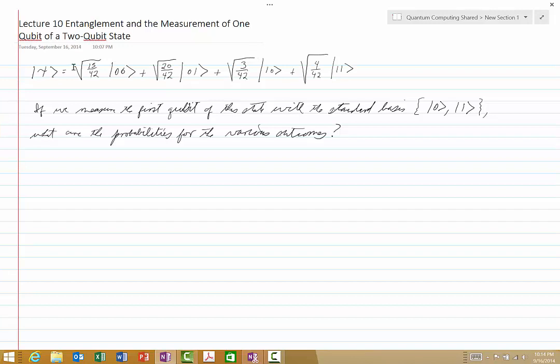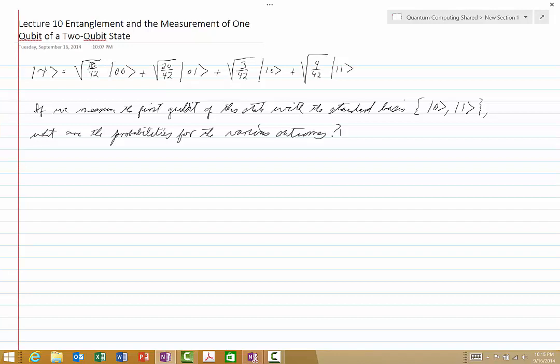And when we take the inner product of this with itself, we just come up with this squared plus this squared plus this squared plus this squared. And so we would get 15 over 42 plus 20 over 42, which makes 35 over 42, plus 3 over 42 is 38 over 42, and then 4 over 42 gives us 1. So indeed, this has a magnitude of 1, and this is an acceptable state.